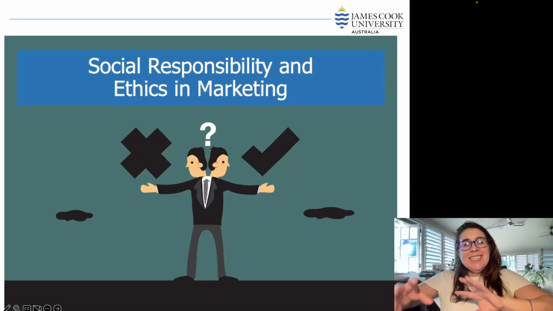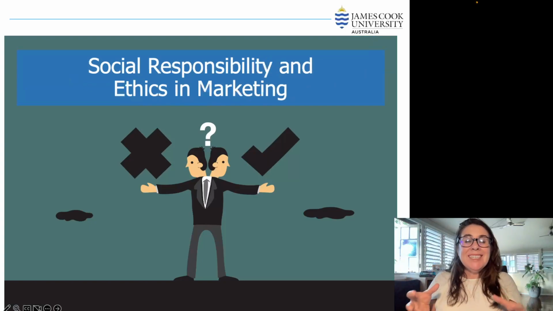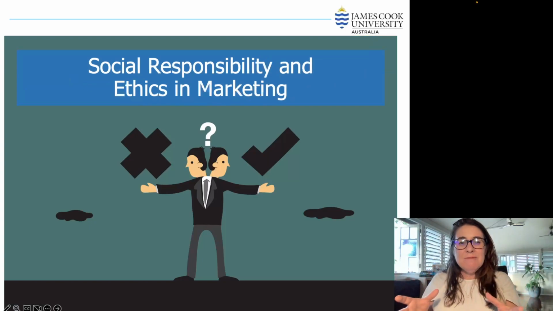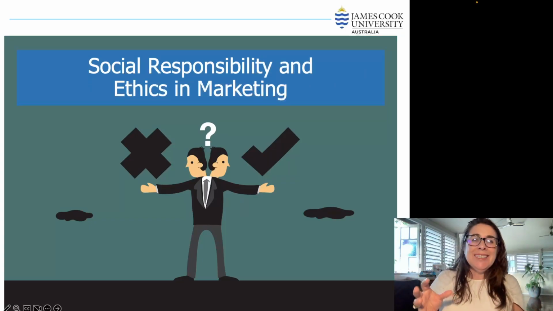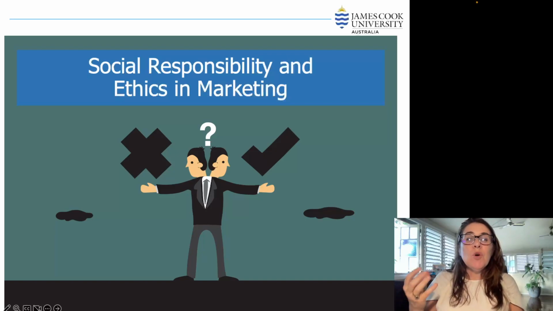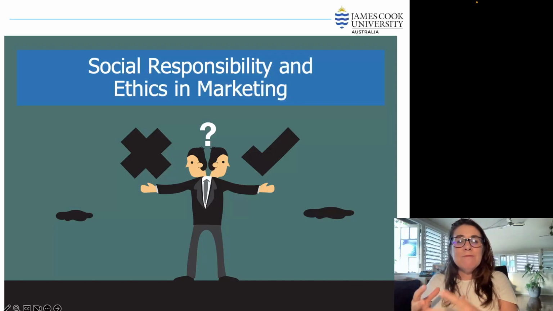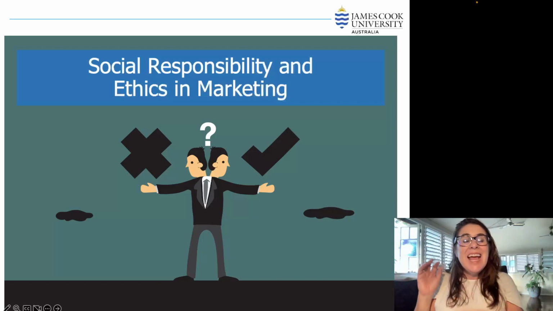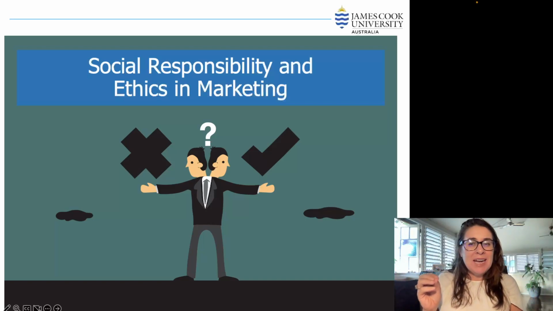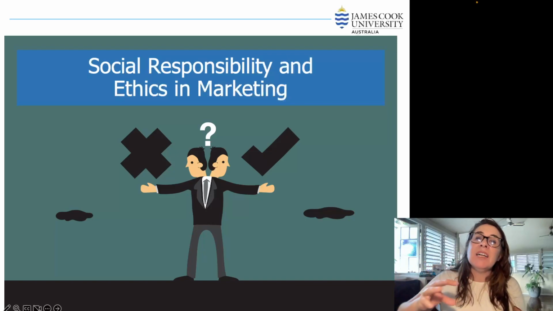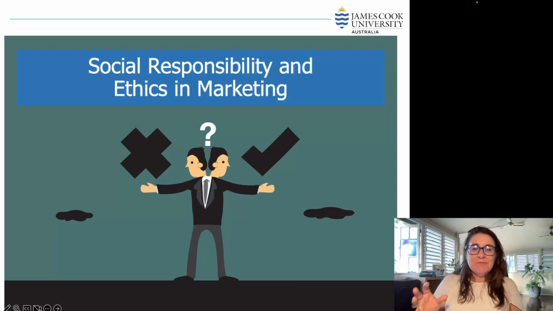Which then leads us into looking at social responsibility and our ethics when it comes to marketing. In marketing, social responsibility refers to an organization's obligation to maximize its positive impact and minimize its negative impact on society. It deals with the total effect of all marketing decisions on society.